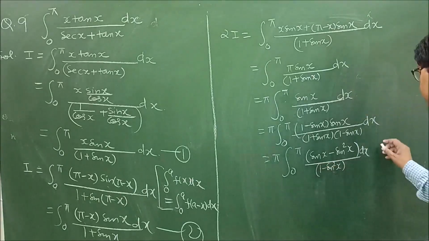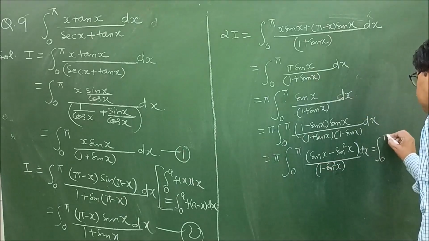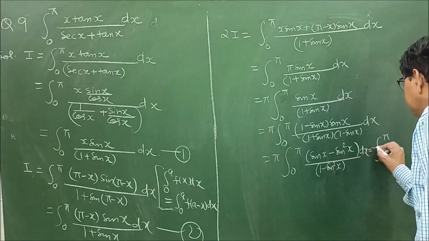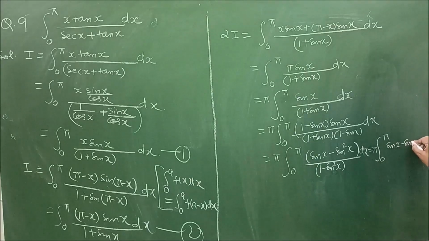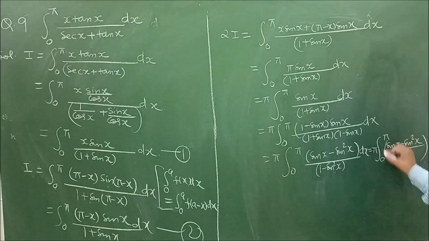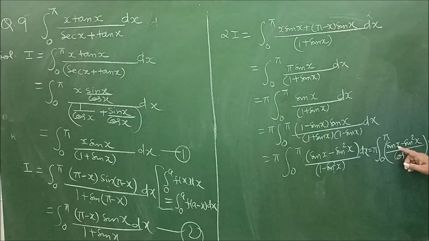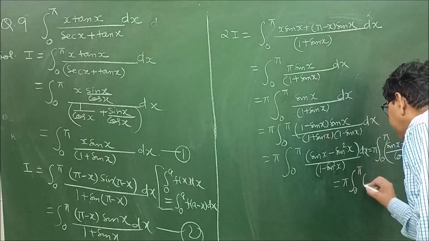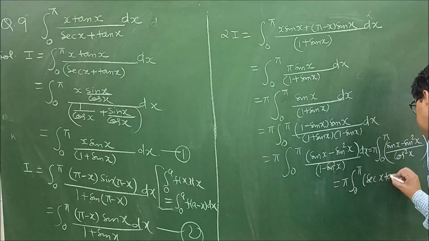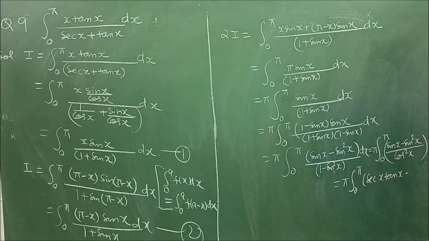So pi is outside, sin x minus sin square x upon cos square x dx. So sin x upon cos square x is tan x into sec x. So pi, 0 to pi, sec x tan x minus tan square x dx.